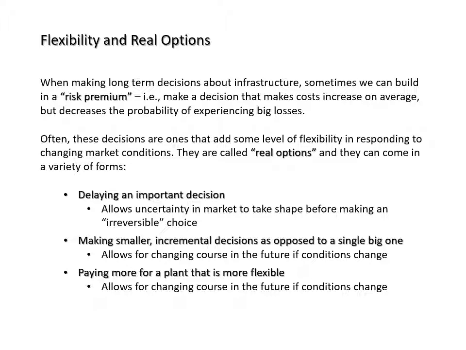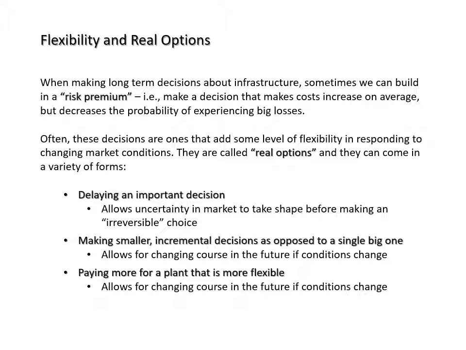So if the variance around the expected value is really a reflection of uncertainty in the market, then we can think of decisions that we make about how we build a plant, or the timeline of construction, or stuff like that.